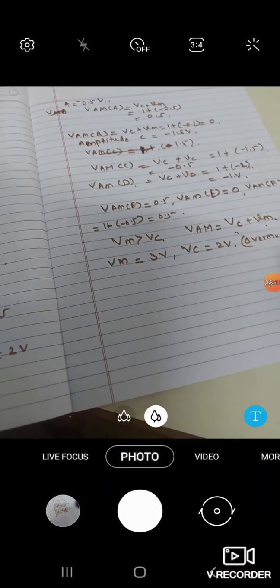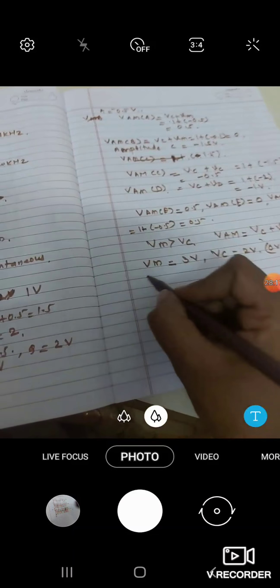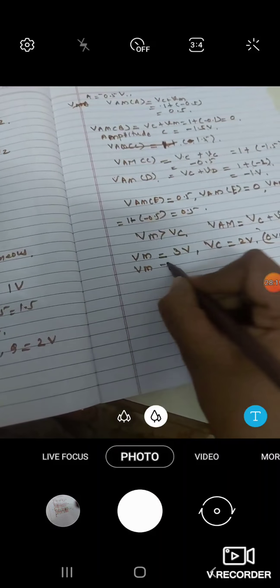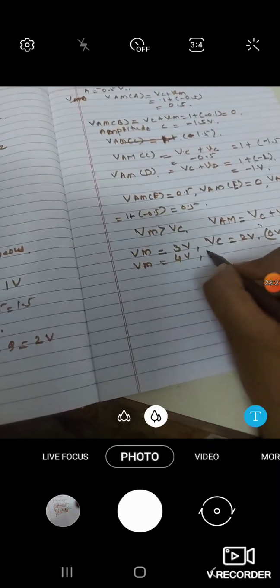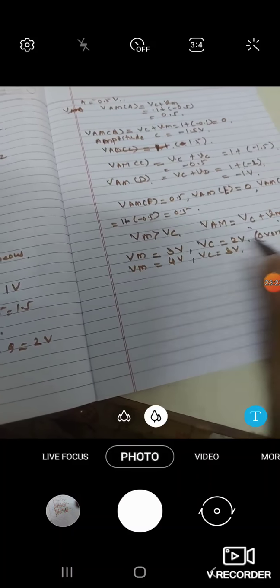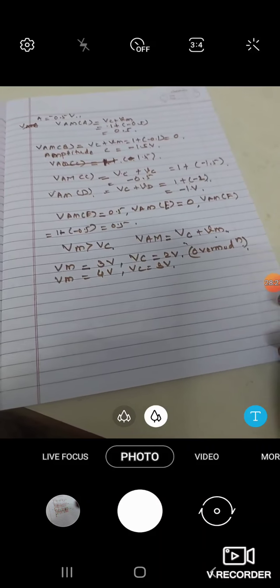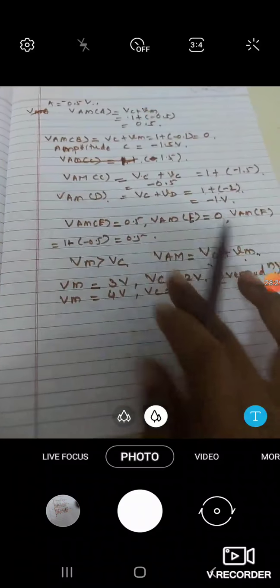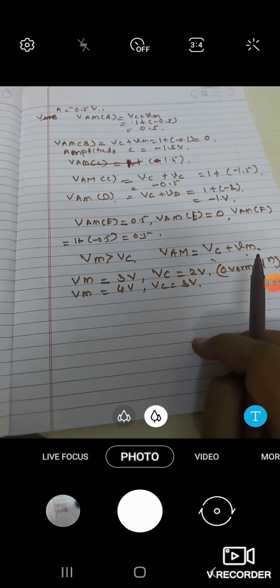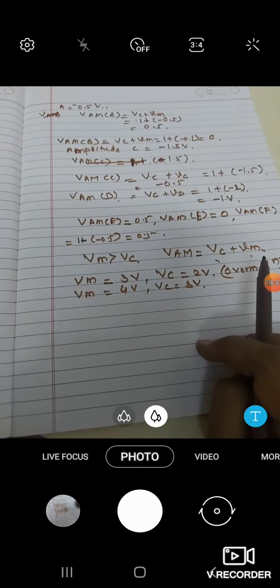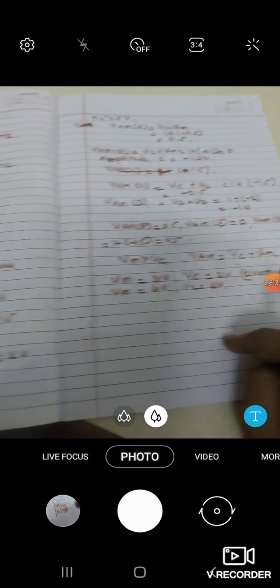Again, take the VM value as 4 volt and VC value as 3 volt, and try to draw the diagrams for over modulation. Like this, if you draw the waveforms by taking the calculations, the concept will be more clear to you.